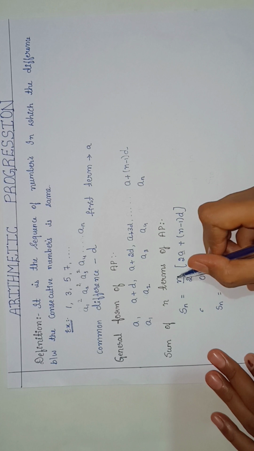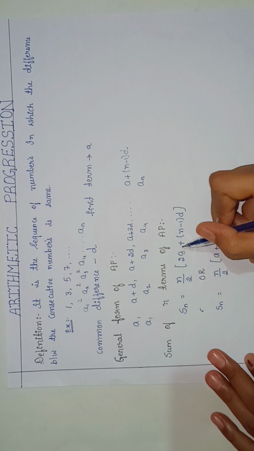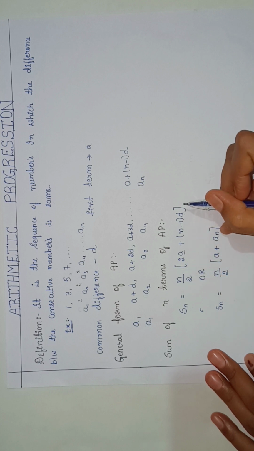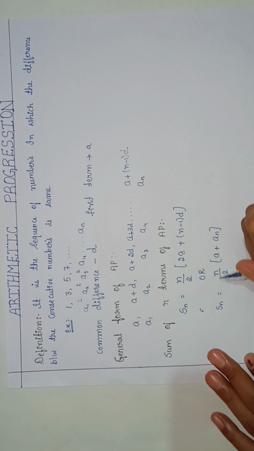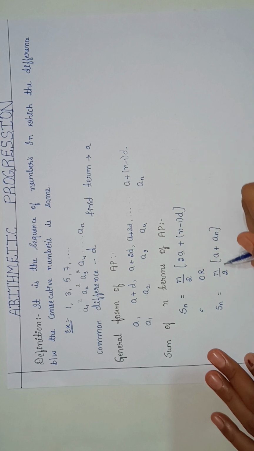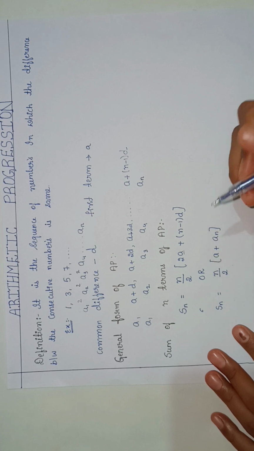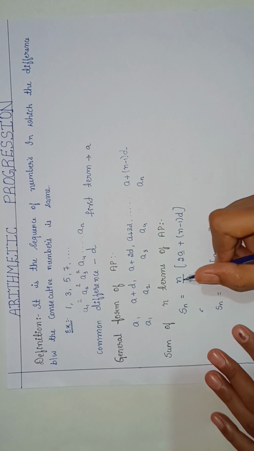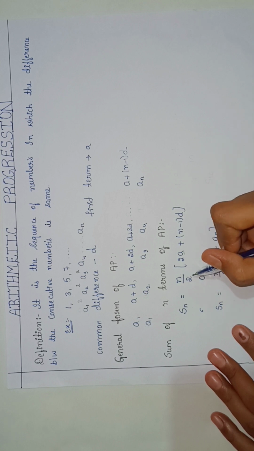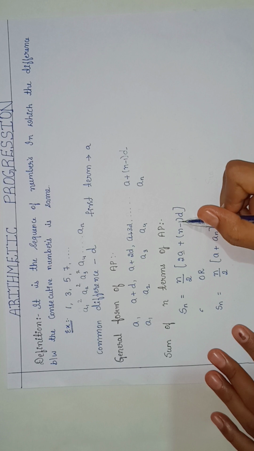Or we have one more formula, that is n by 2 times a plus an. If we have the last term, we will use this formula: Sn is equal to n by 2 times a plus an. And if the last term is not provided, we will use this formula: n by 2 times 2a plus n minus 1 times d.